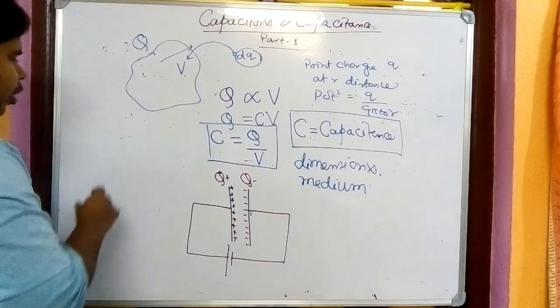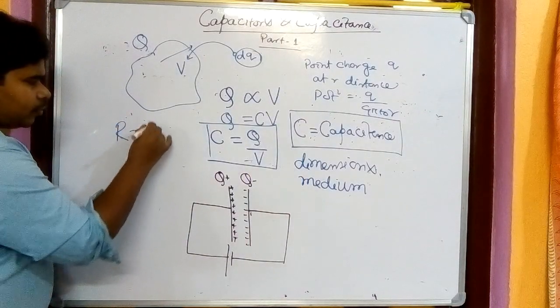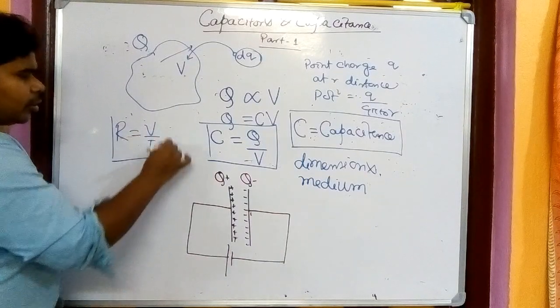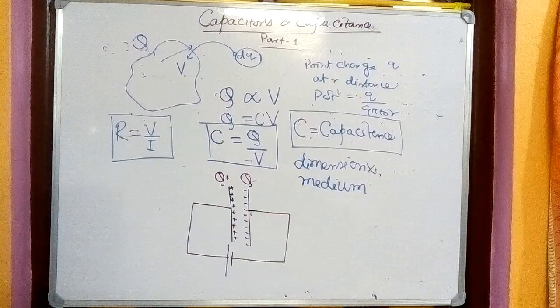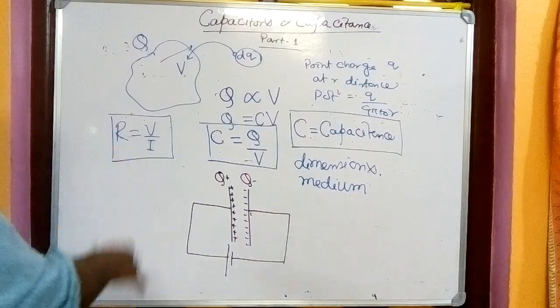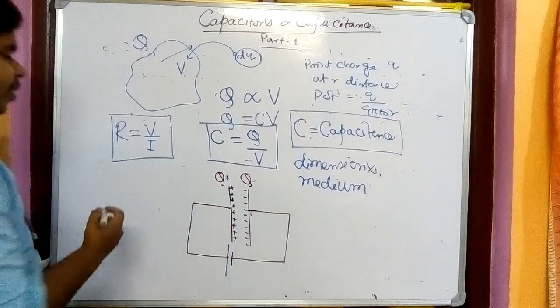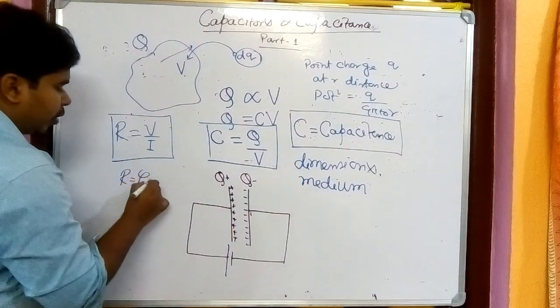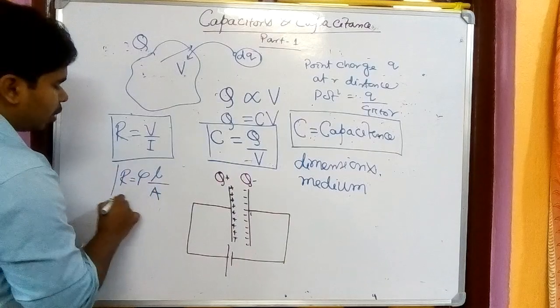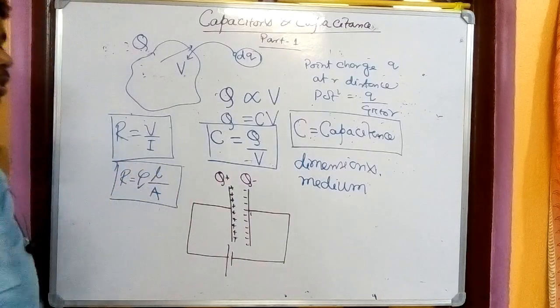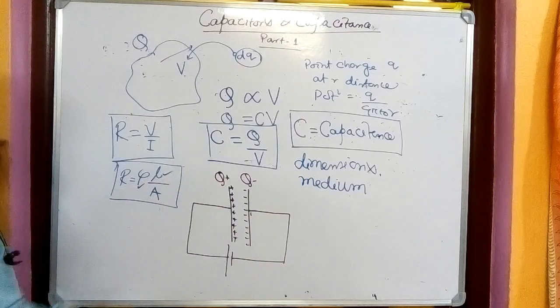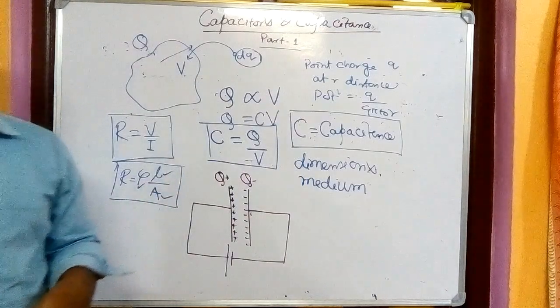I'll make you remember one more equation. I think you can remember this equation: R is the resistance, right? The resistance of a conductor can be calculated by taking the ratio of potential difference and current by Ohm's law. But when we talk about what the resistance depends on, we define one more equation: R equals rho L by A, where rho is the resistivity, L is the length of the conductor, and A is the cross section.